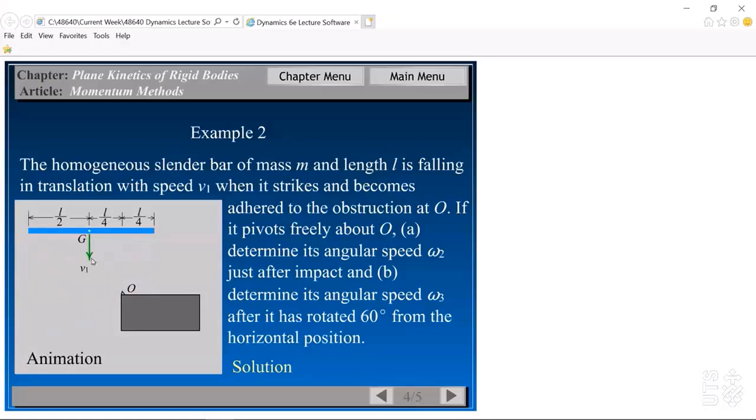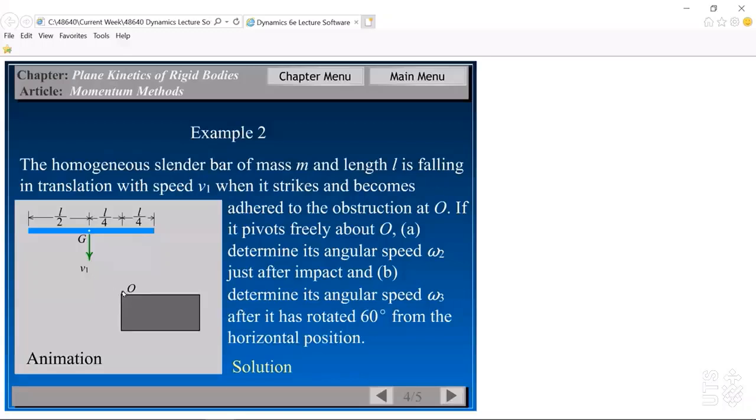Okay, in this whole process, actually we can define 4 states. The first state, initial state, here at this moment, the slant bar is undergoing translation. Its velocity is v1.